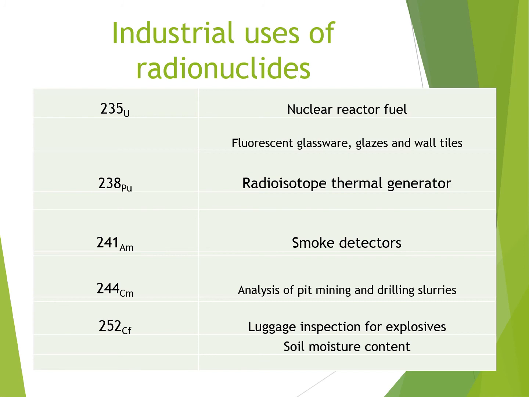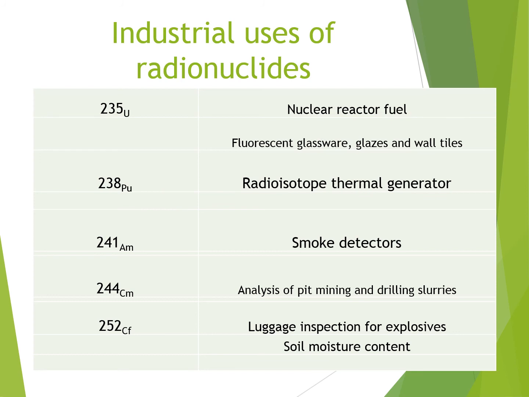Then we have the californium 252 isotope, Cf 252, and this is used in luggage inspection for explosives, like in airports or in different screening sites. Different explosive materials can be brought to different countries by hiding them in different bags.